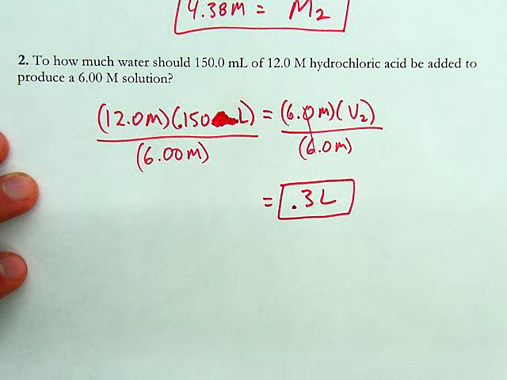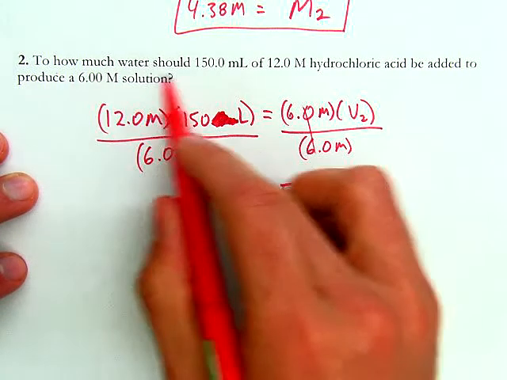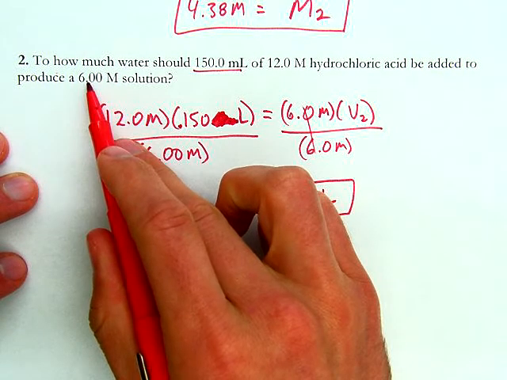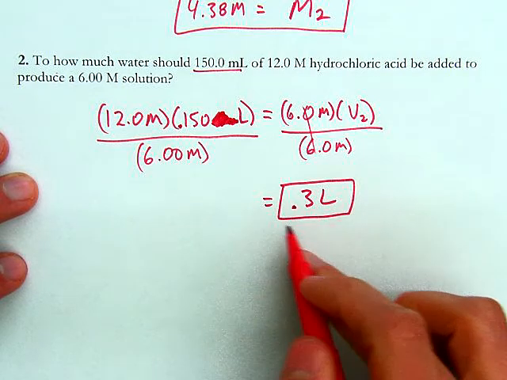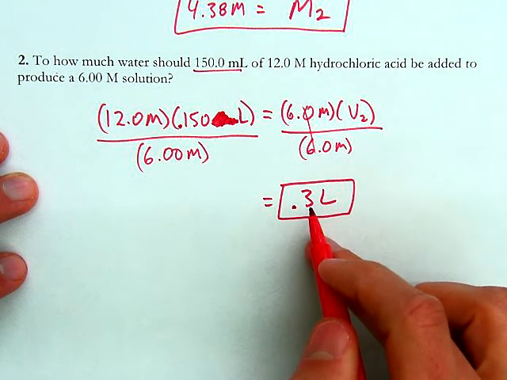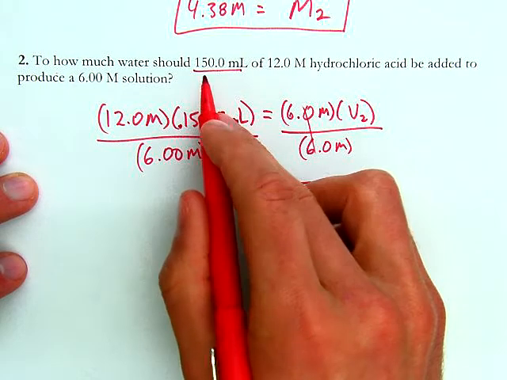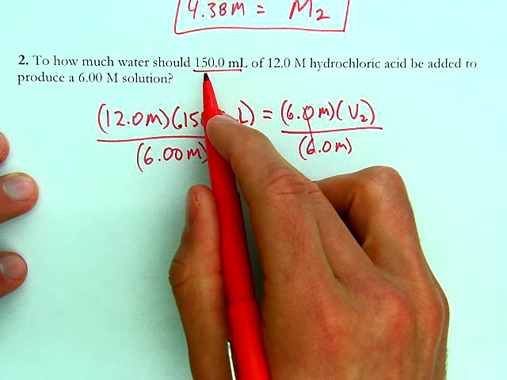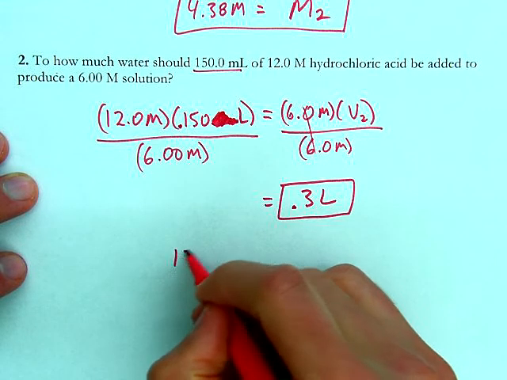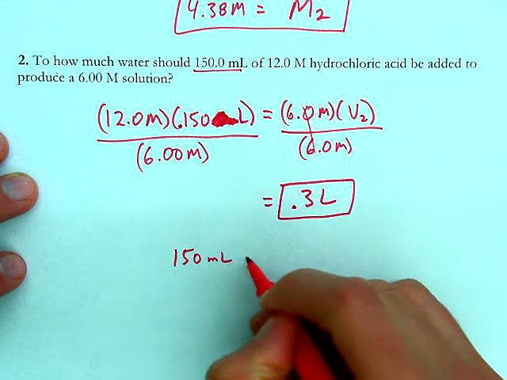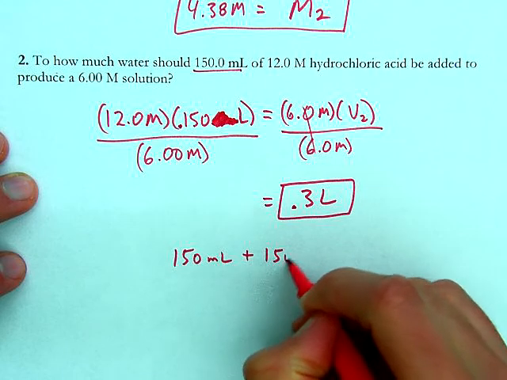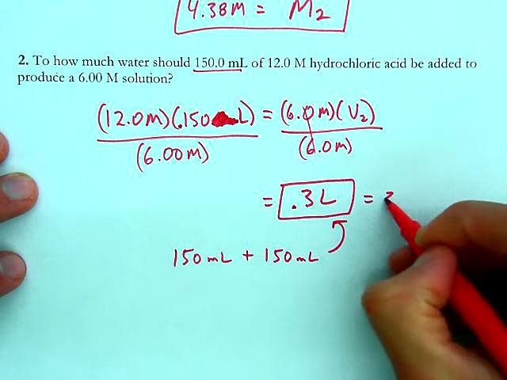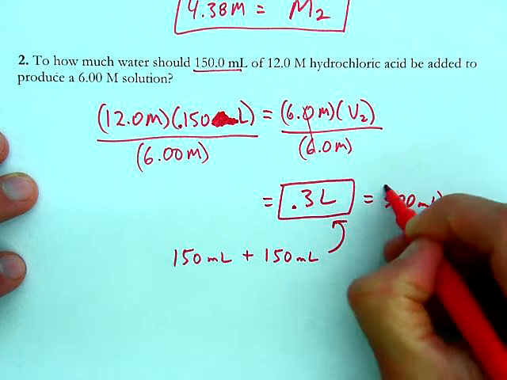Okay, now the question actually asks, to how much water should 150 milliliters be added to end up with this? So that means our ending volume needs to be 0.3 liters, or 300 milliliters. But of that, 150 of it is the original acid. So we actually need to add 150 milliliters to 150 milliliters in order to get this, which is the same as 300 milliliters, right?